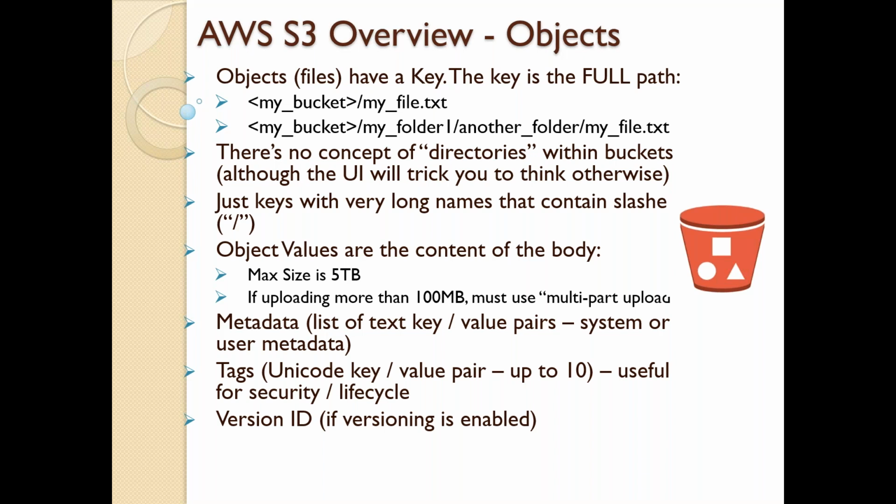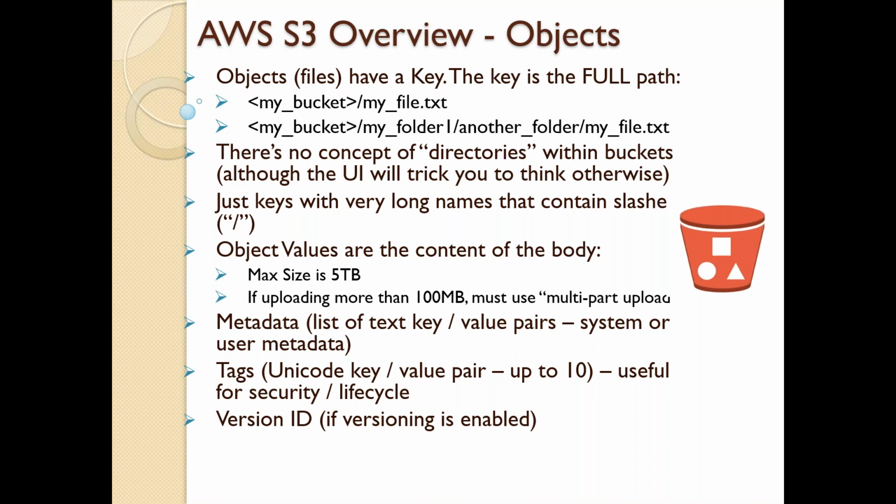We have metadata, user-defined metadata and system-defined metadata. The metadata is nothing but a list of key value pairs. It can be either system or user metadata. For example, owner of this bucket is the key, and the value will be the actual value that you give there, your account ID or your account name, account alias. Those are all the metadata.